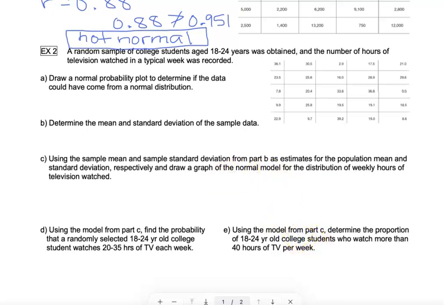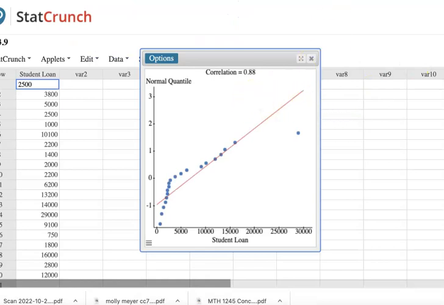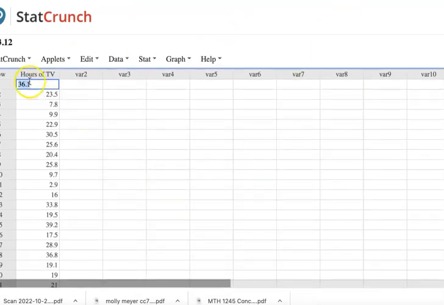So I'm going to go back over to StatCrunch here, and I've got the hours of TV for my various college students, and you can look at the table in the notes, or you can look here. We can see that N is 25. That's my last data value.